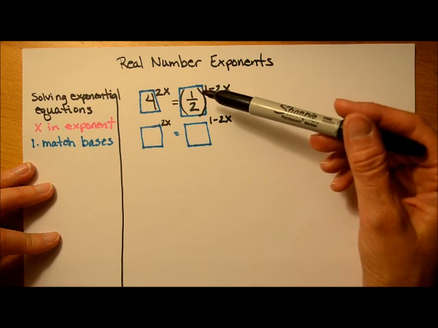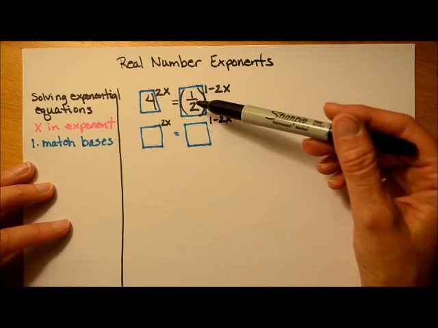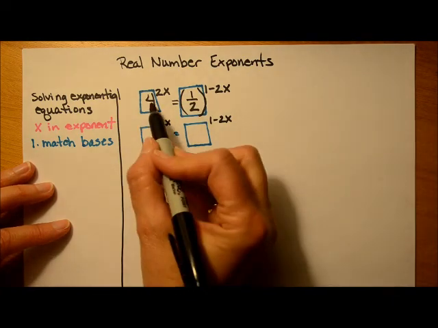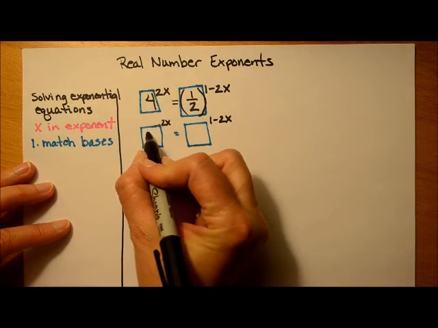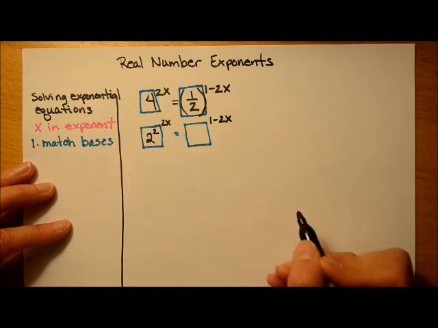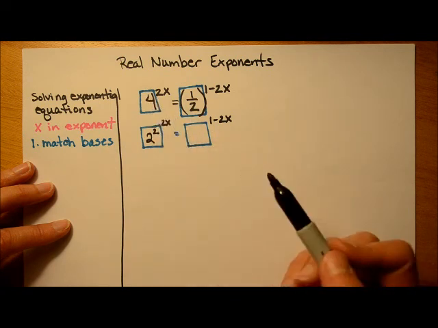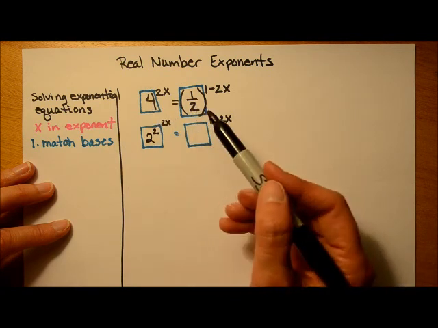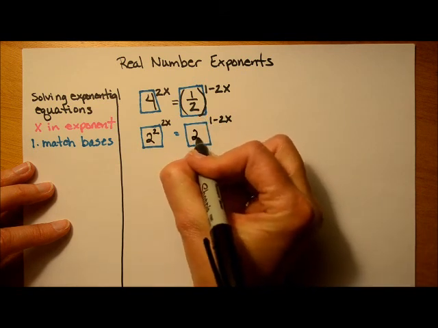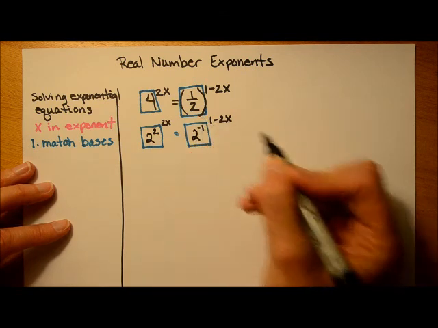But I think what I could do is write both of these in base 2. If I take the 4 and write it in base 2, it would be 2 squared. Do you agree? 2 squared is 4. If I look at this 1/2, really what that is, is 2 to the negative first power.